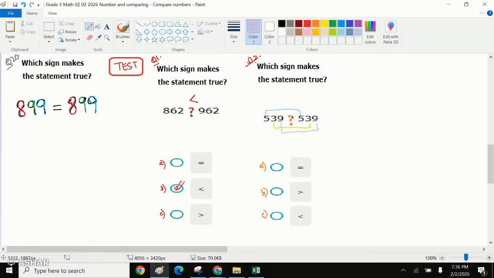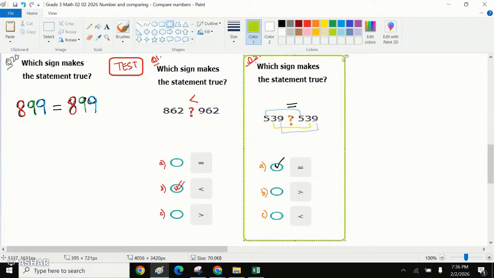Then it should be, okay. Thank you, Ethan. It should be equal to, because all the values were same. Moving ahead to the next question in this test.